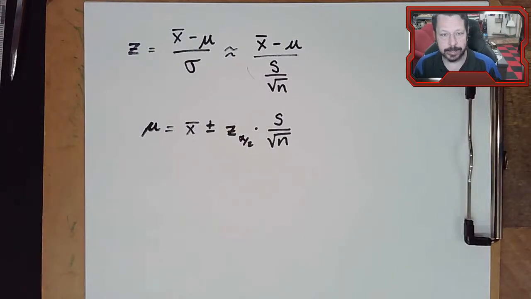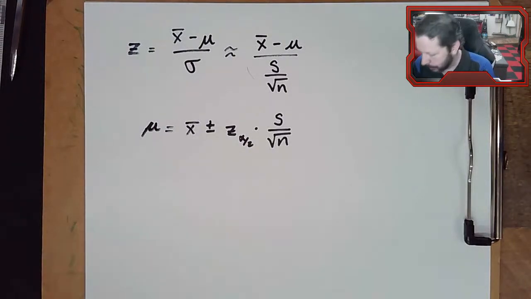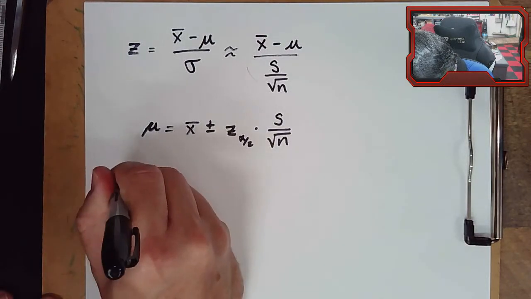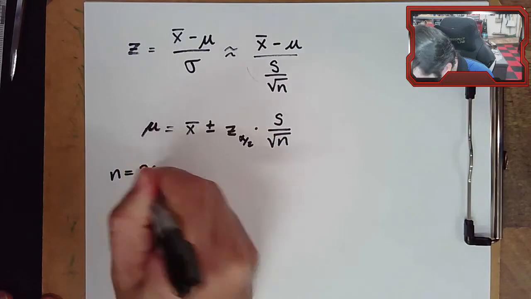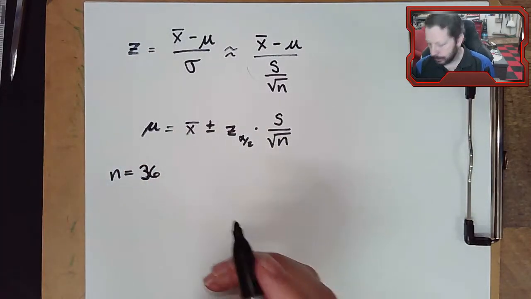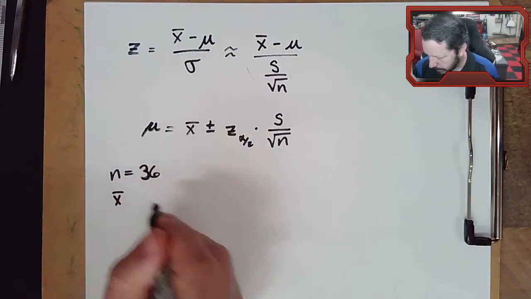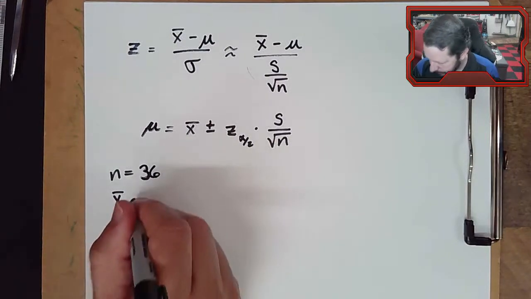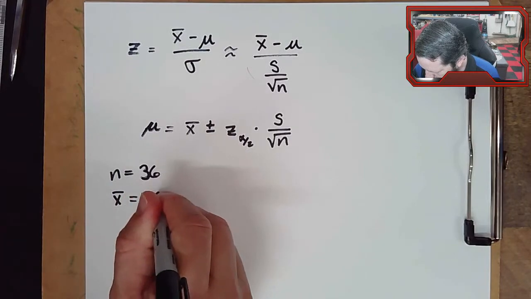You know, there's some range in there. Let's say that we took 36 readings. So N equals 36. And the average resistance of this sample, X bar, so that's the average of all these 36 readings, is 25 ohms.